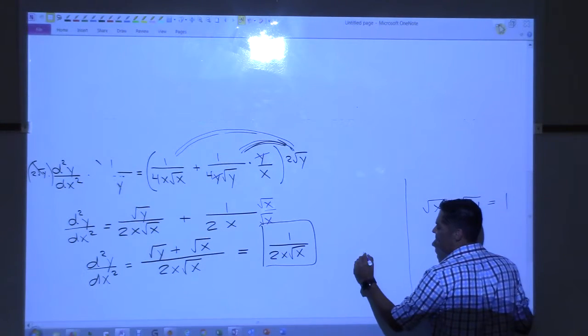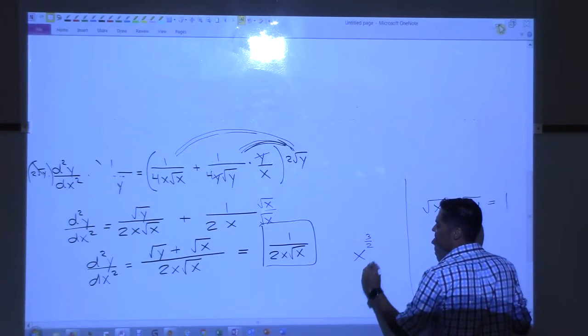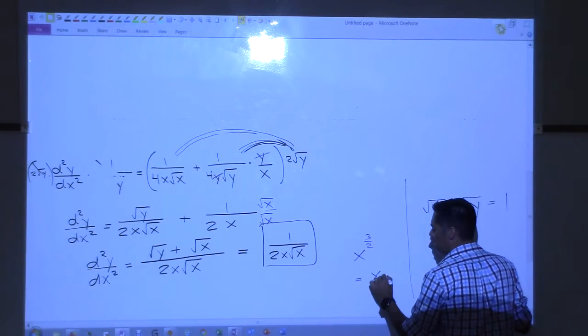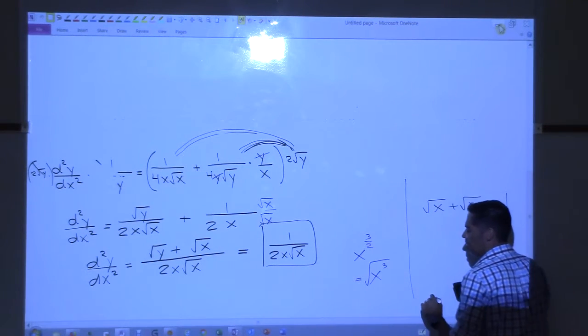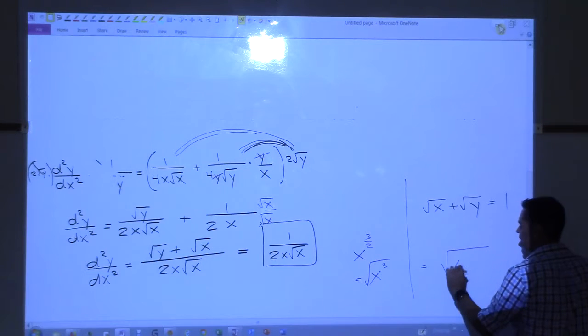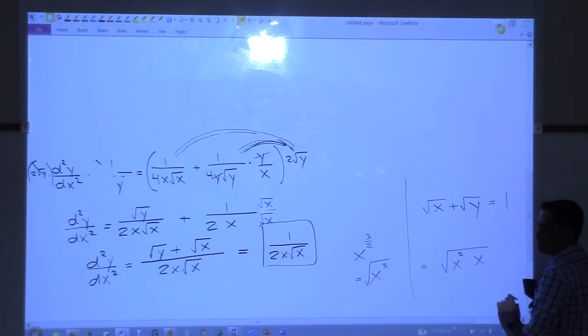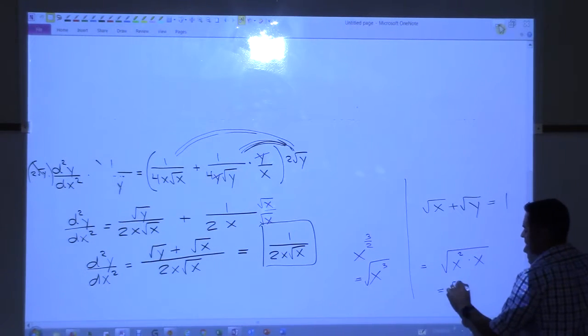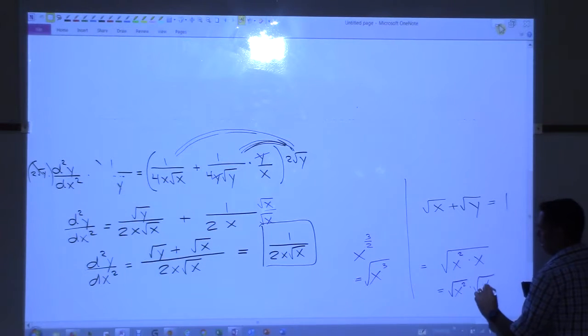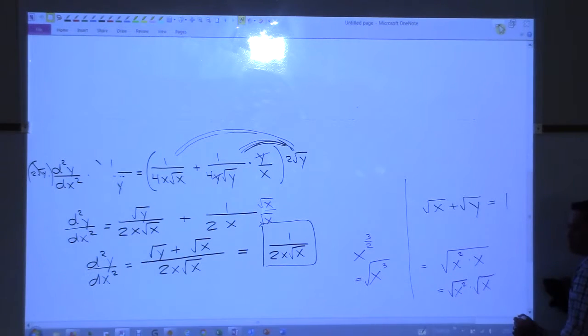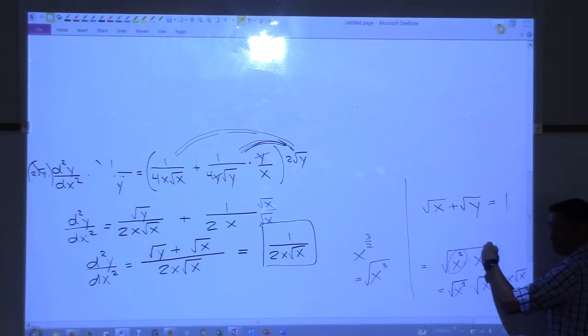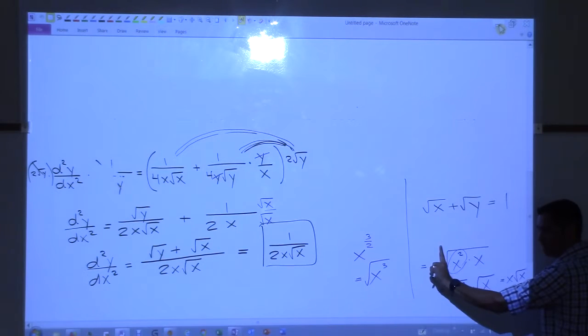No, because we had x to the 3 halves, which is the same as the square root of x cubed, which is the same as the square root of x squared times x, which is the square root of x squared times the square root of x, and that's x. The square root of x squared is x. And then you still have root x. So this becomes x root x. For every group of 2 that you see under a square root, you can pull it out as 1.